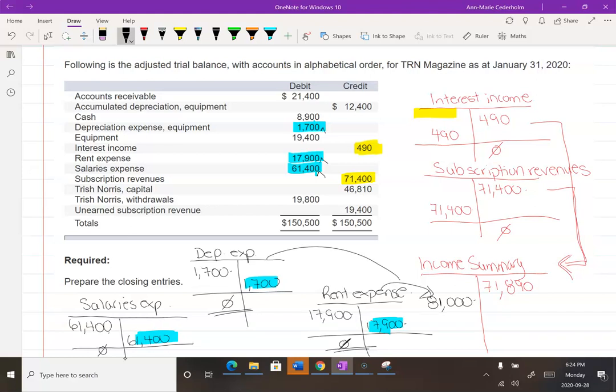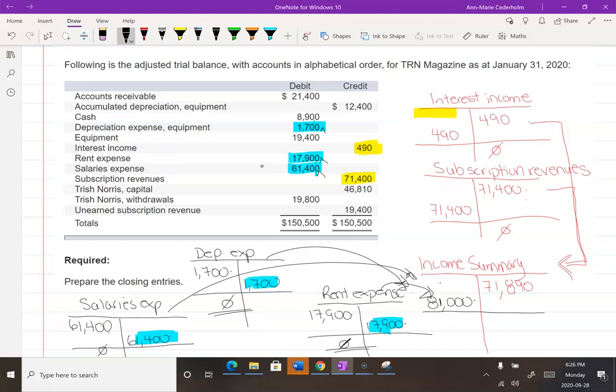So now you'll find all of my expenses are now sitting in income summary, and all of my income is sitting in income summary. Now my third step is to close the income summary account out into my capital account.